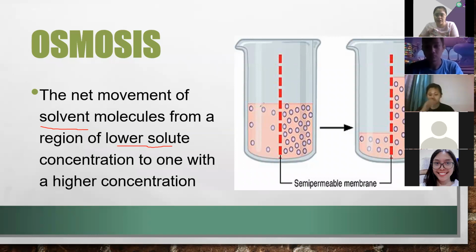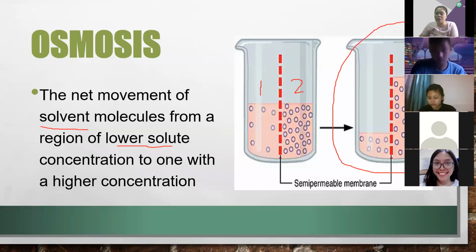Merong division. This first region here has lower solute concentration. Yung mga bilog-bilog dyan, it's the amount of solute. And then the second compartment has more solute. So when you say osmosis, the solvent will move to the region with a higher solute concentration, it will become like this.